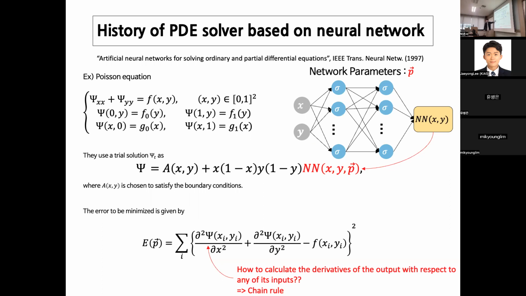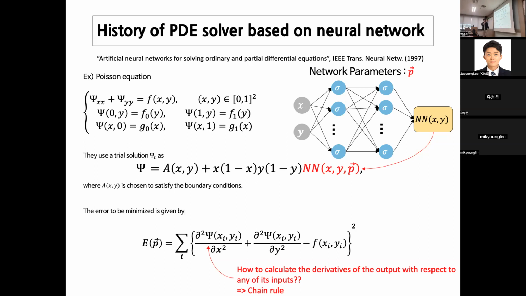As you know, the domain is 0 to 1 for each of x and y. If we take x at 0 or 1, or y at 0 or 1, this term is erased. So if they can find A satisfying these boundary conditions f0, f1, g0, and g1, then they can enforce the boundary conditions exactly in this trial solution.